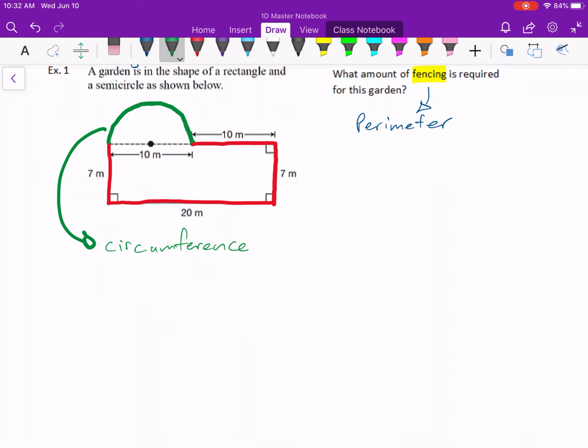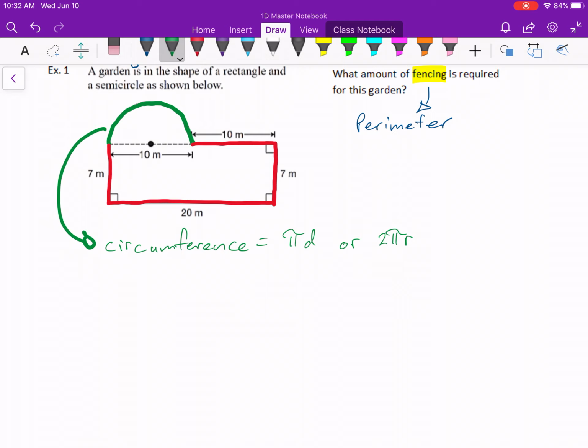We want half of that because it's a semicircle. So circumference equals, remember, pi times diameter, or 2 pi r, 2 times pi times the radius, and that's only because the radius is half of the diameter. The reason why these two formulas are the same is because d equals 2r, and then the pi is there for both of them.